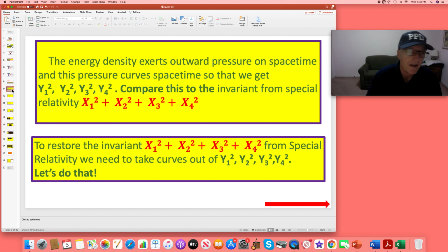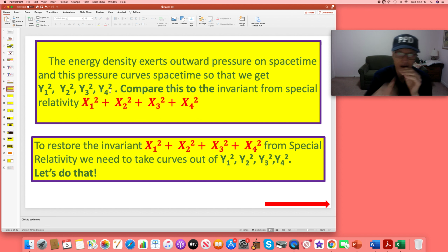It's arbitrary. The energy density exerts outward pressure on space-time, and this pressure curves space-time so that instead of x1, x2, x3, x4 squared, we get y1 squared, y2 squared, y3 squared, y4 squared. Now, if it's highly curved, those variables are going to be different, and the invariant would not be so retrievable, right?